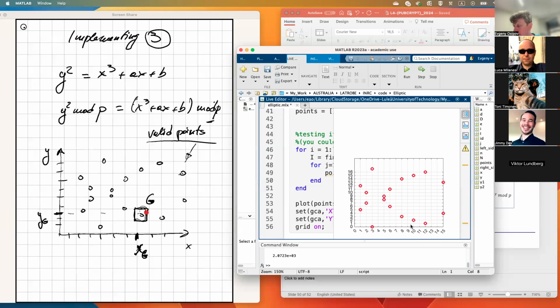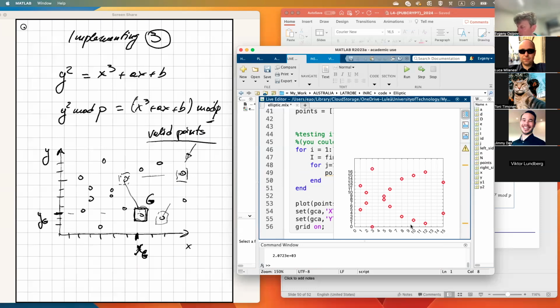For example, the next point from this one can be this point. From this point, if you apply the same operation, you can jump maybe here, then over here. But nevertheless, eventually you will visit all the points that are displayed here.